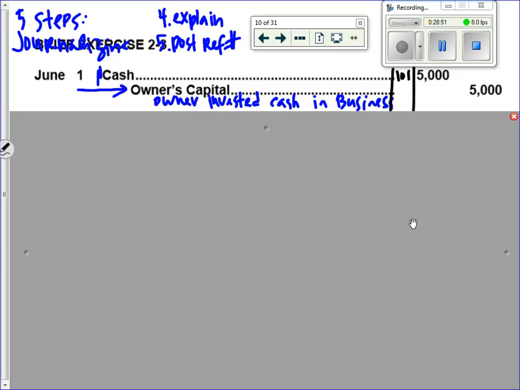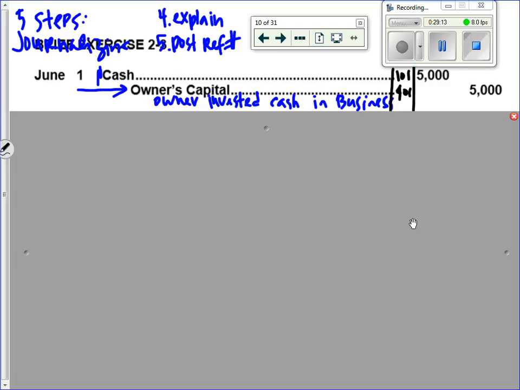It's okay. Typically cash is 101. Typically owner's capital is, let's just say 401. It's not always, but we're going to talk about account numbers later. You know I'm kind of making those numbers up.